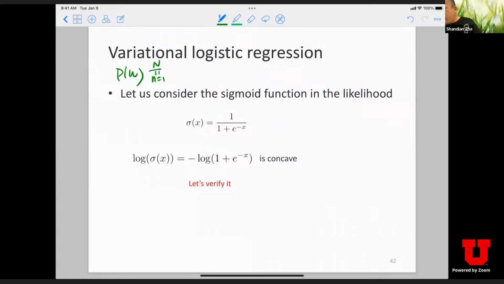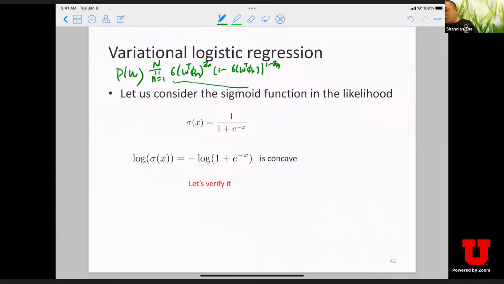Each likelihood will be a Bernoulli likelihood, with the logistic function of W transpose the feature vector, to the power of the label, which is either 0 or 1.